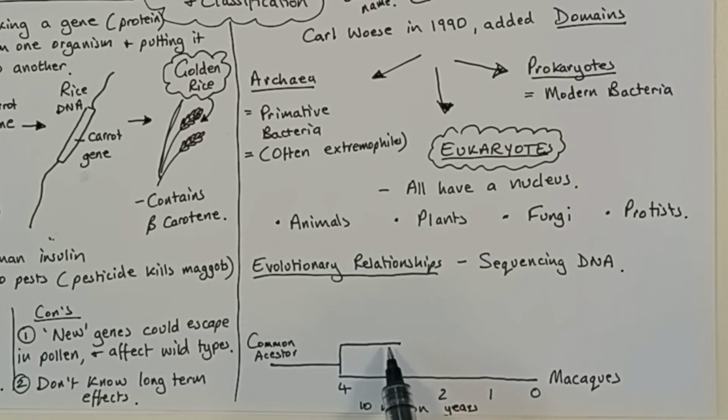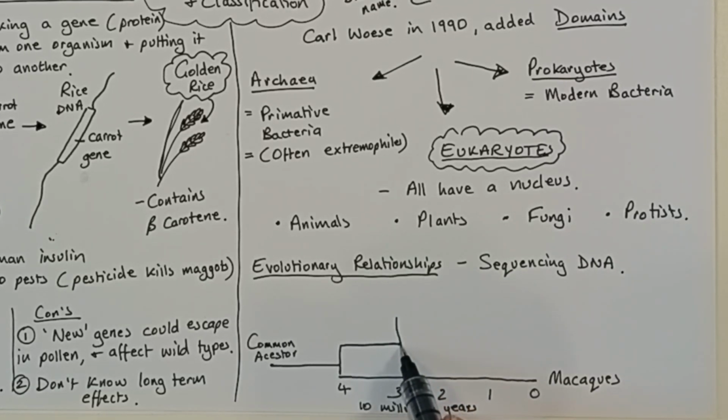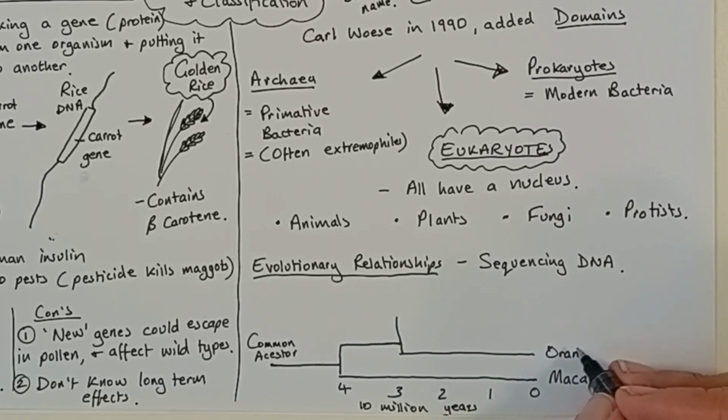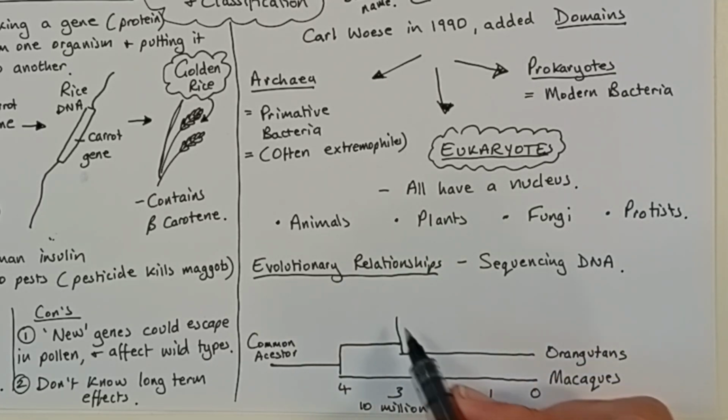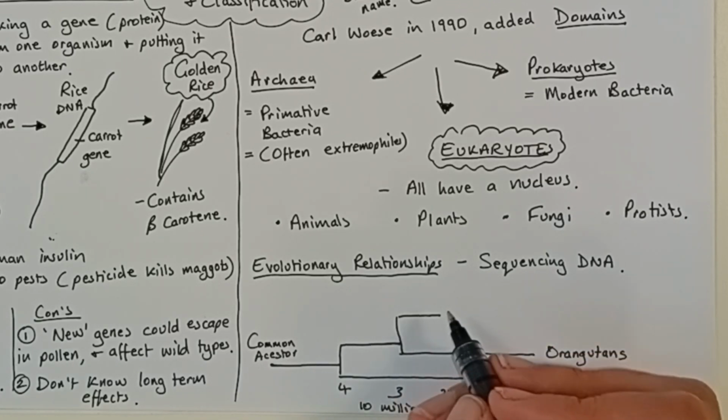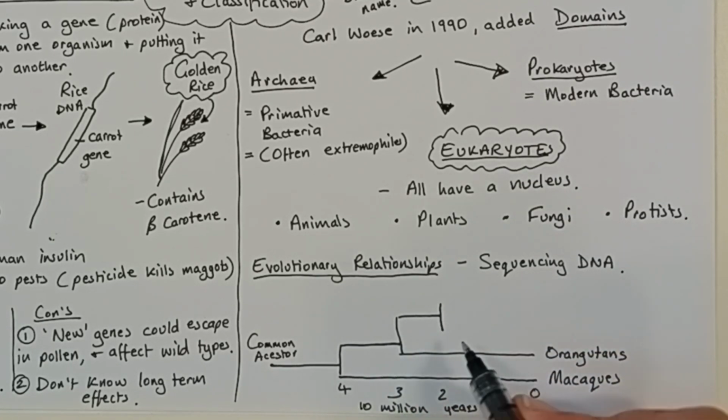The other ancestor then carried on until about 10 million years later, where the orangutans branched off. Again, another 10 million years, and the gorillas branched off.